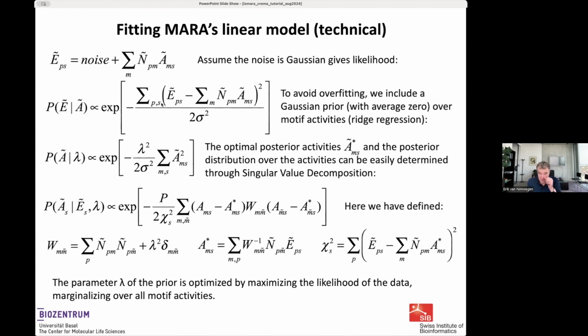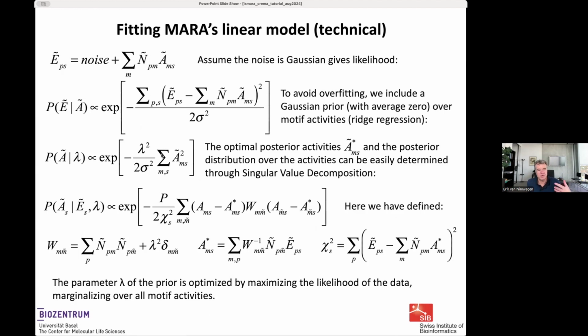We assume a Gaussian prior on these motif activities with an unknown parameter, which is often called a ridge regression parameter, or it's just a parameter of this prior. We're going to optimize this also.